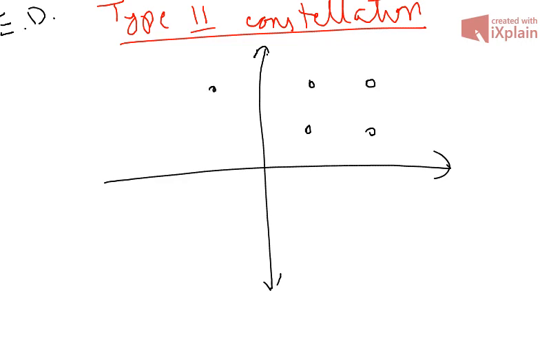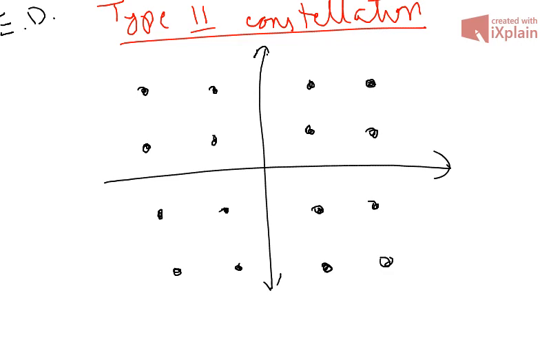Now each of these constellations has 16 points, so it is 16 QAM, right? Type 1, type 2, type 3, type 4. Each of these has 16 points, so it's 16 QAM. This one is known as the square QAM signal constellation.